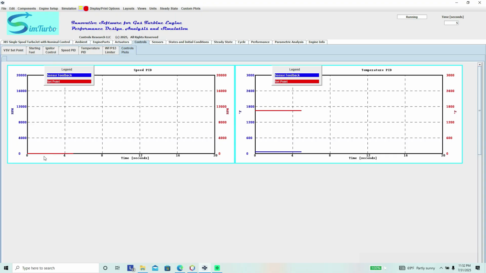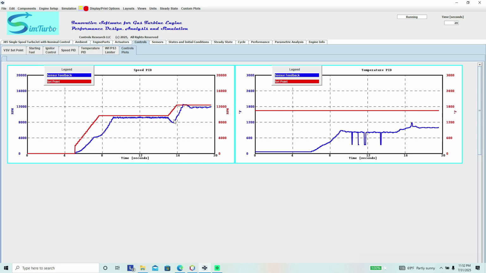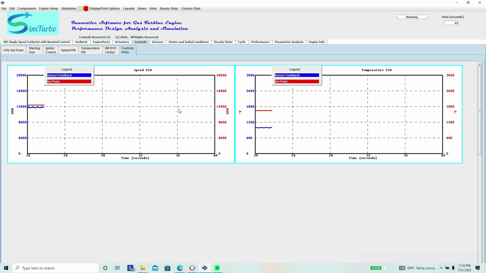And you can see we started off at 0 speed, and the torque starter ramped up the system, and now we're at a steady state point around 9,000 RPM. Then we ramp up to 12,000 RPM, and you can see how the temperature is behaving.